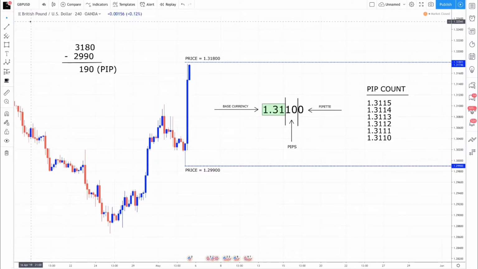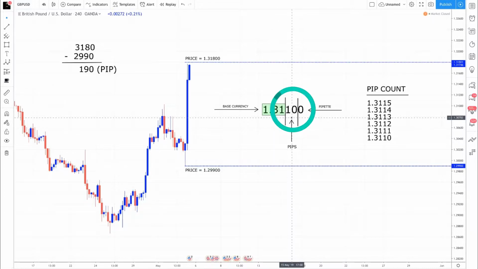So in this example, we're looking at the Great British Pound versus the US dollar. That means the exchange rate is $1.31 to the British pound. Now, the 3rd and 4th decimals are the fractions of the currencies that are moving and calculating when the market is going up and when the market is going down.